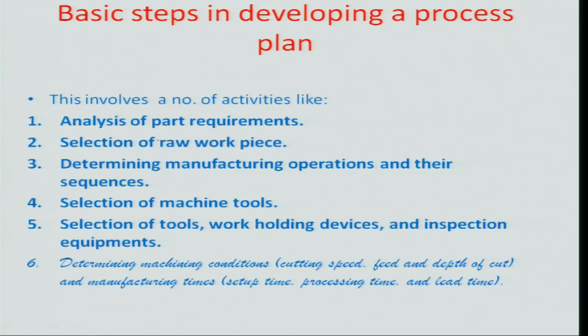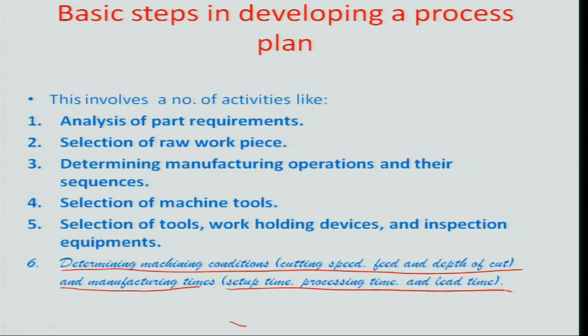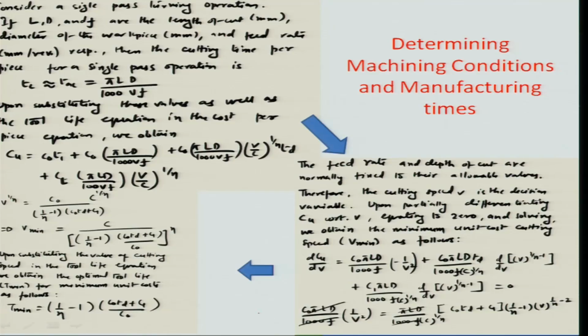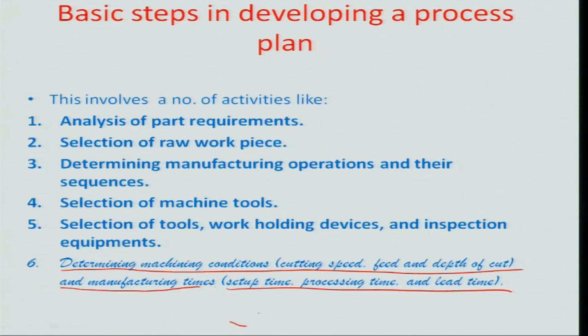So I am going to go ahead to the next section, which is about determining machining conditions, that is cutting speed, feed, depth of cut, manufacturing times like let us say setup time, processing time and lead time, etc. The idea here again is that as far as possible we want to complete all these steps in a single go, so that in a very intelligent manner not only you are able to decide what is the sequence, what is the operation itself, but their sequences and also the right kind of machines, tools, work holding devices and the machining conditions, so that you have a complete optima in terms of the manufacturing process.